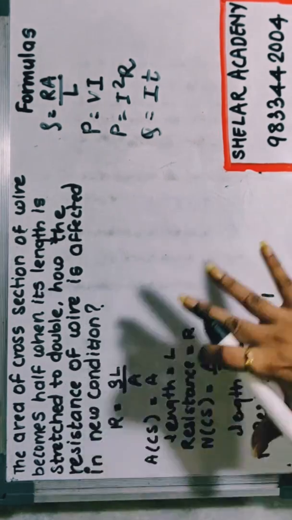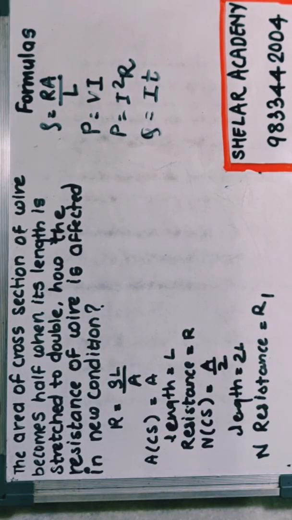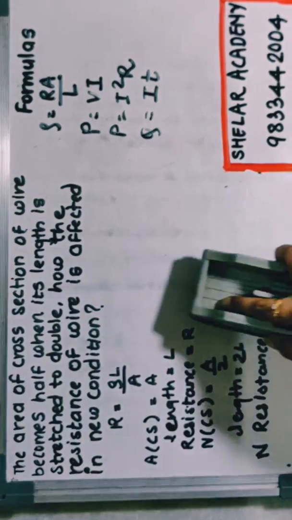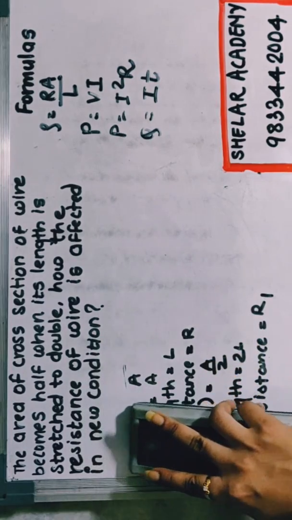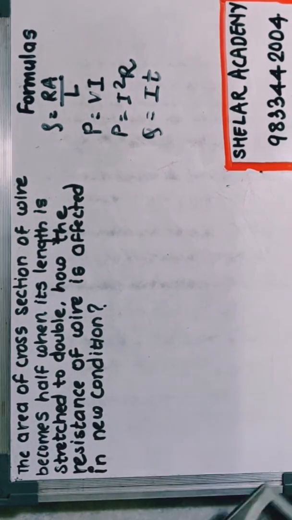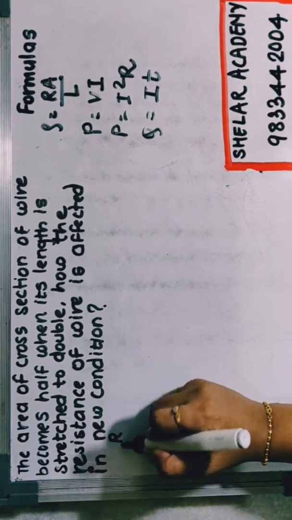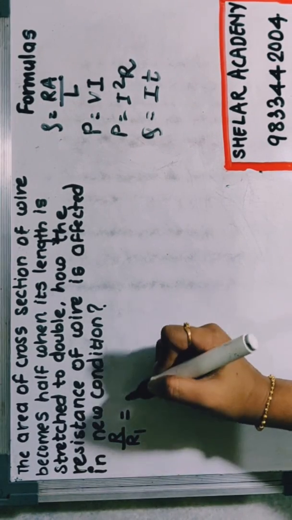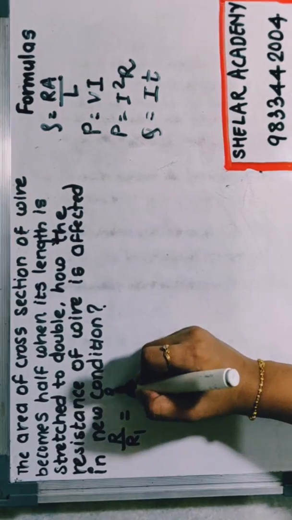So keeping this in mind, if we take the ratio of old resistance to the new resistance, then we get R upon R1 is equal to the original formula.